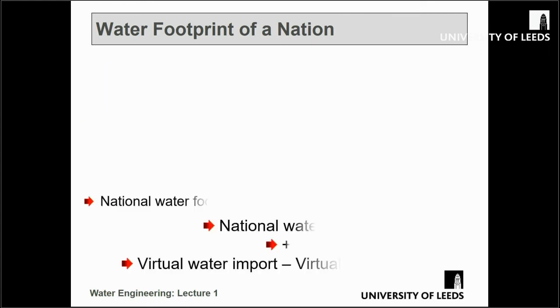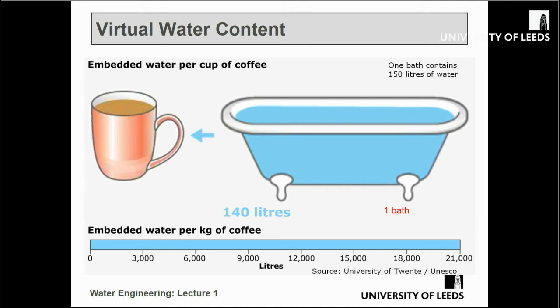So let's have a quick look at some water footprints. Embedded water in a cup of coffee, 140 litres. So we're talking about embedded water. This is about how much water it takes to make a half-litre cup of coffee. A bathtub full, 140 litres.